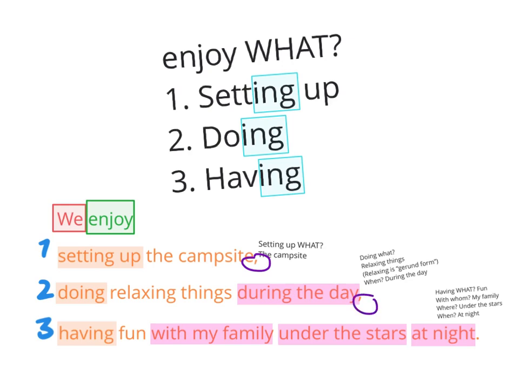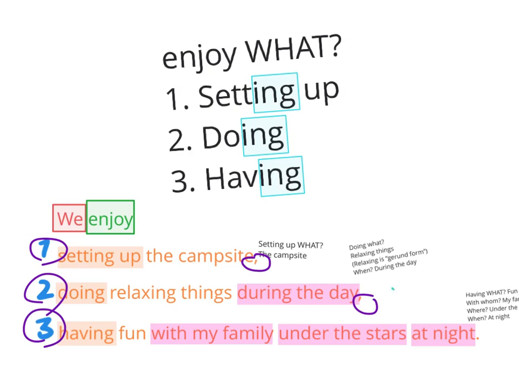And then we look at the third. Having what? Having fun with my family under the stars at night. That is our last thing. So here we have 1, 2, and 3. After number 1, we have a comma. After number 2, we have a comma. And then we should have the word and.